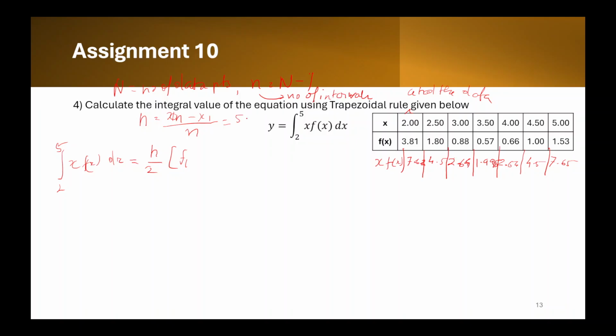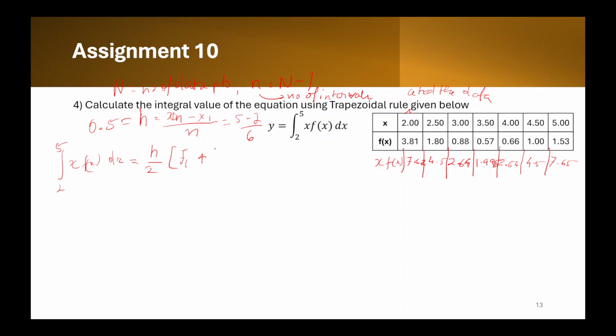So 5 minus 2 upon 6. So 3 by 6. We get h as 0.5. Okay. So we get that, and then this will be F1, F2, F3, F4, F5, F6, F7.